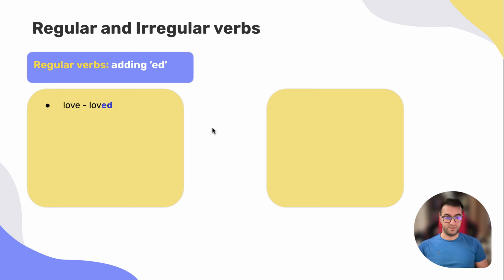Love becomes loved. So we just add ed, or if the verb itself has got e at the end, we just add d. For example, love already has got e at the end, so we go with loved.